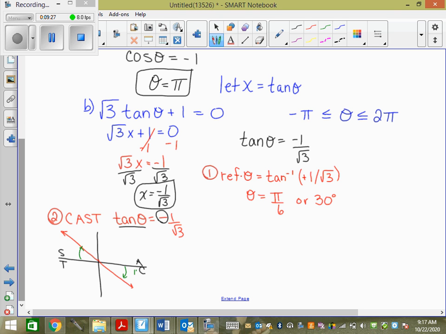This is pi over 6 or 30. So this angle here is 180 minus 30, which is 150. This one is 360 minus 30, which is 330.